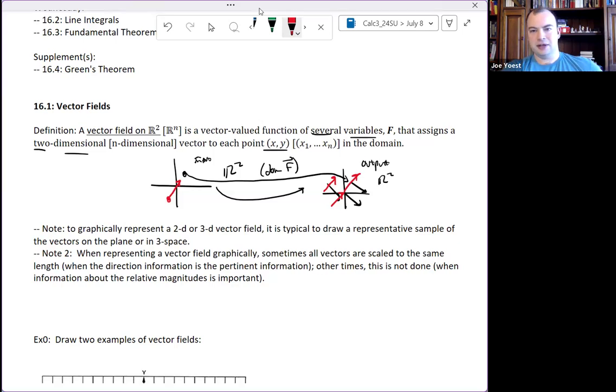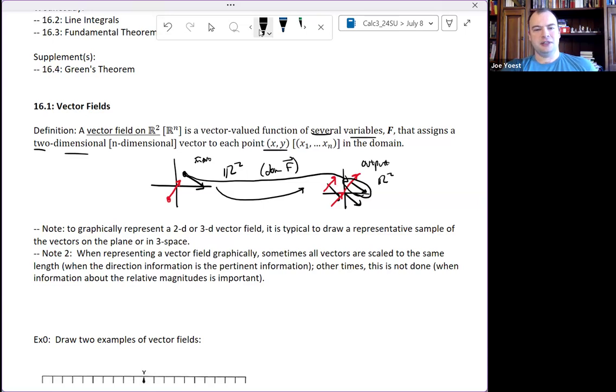Or I could do that for the other input as well, the one that's up here, at roughly (1, 1). I could take this vector that could be in the output space, overlay that on top of the input space, and say that this point (1, 1) gets associated with this vector that looks something like that.